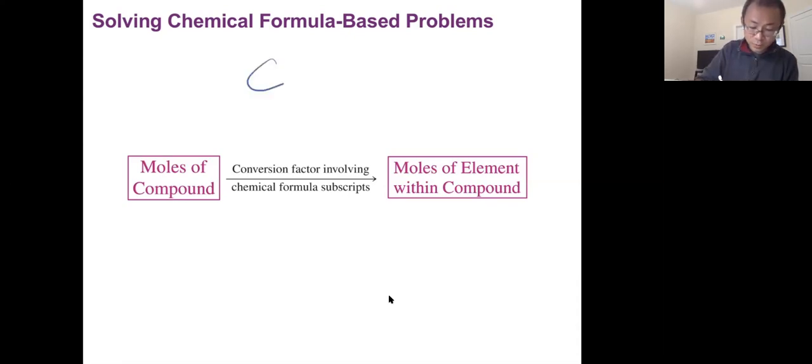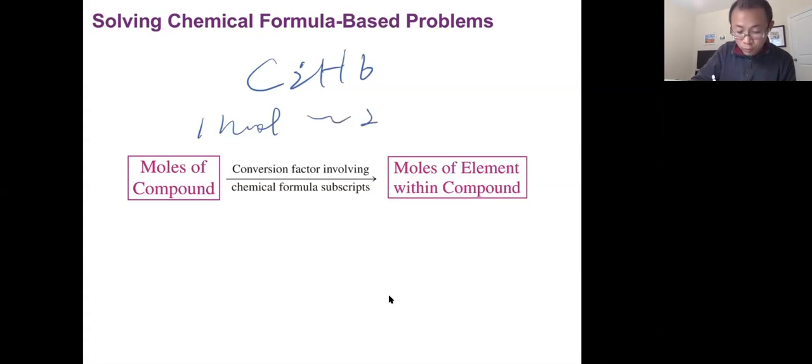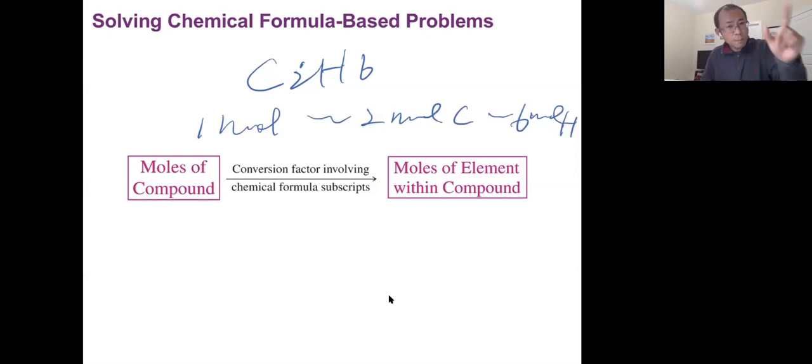Just like we did C2H6, the formula will tell us 1 mole of this actually has 2 moles of carbon, 6 moles of hydrogen. From the subscripts, we can tell the number of moles of compound versus the number of moles of the element. So these are the 3 major calculations of the first part of chapter 6.